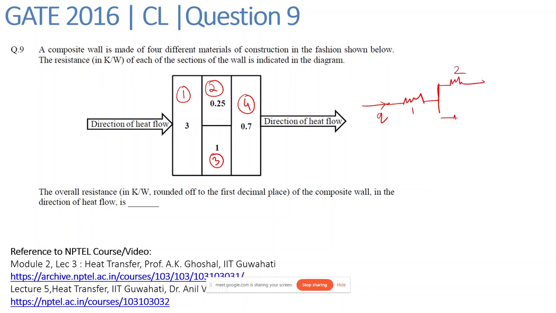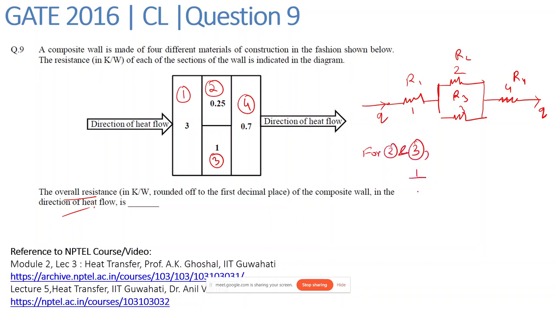Second and third resistances are in parallel, and then we have the 4th resistance in series. So R1, R2, R3 and R4, we have been given the values of these resistances, and we have been asked to find the overall resistance. So we can simply use the formulas for resistance in series and parallel. Let's solve this for 2 and 3.